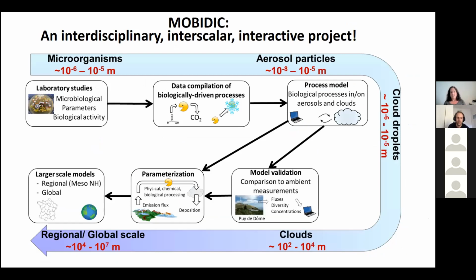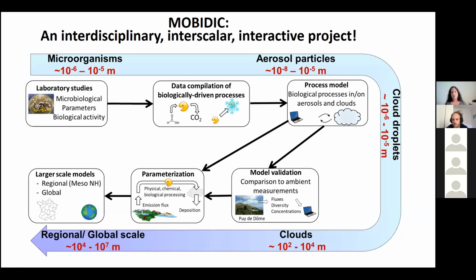So this is basically the overview of Moby Dick. We want to include lab studies, which have been done in Clermont-Ferrand in our group for 10, 20 years. Then there's a strong effort on field measurements, which have also been done for several decades.